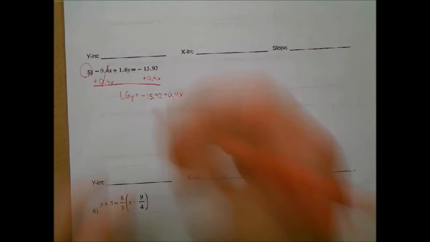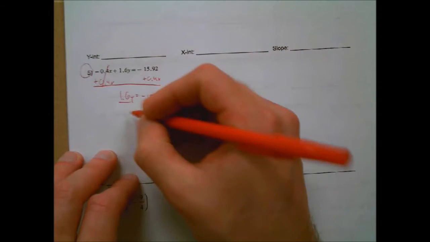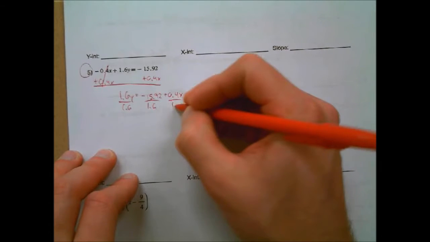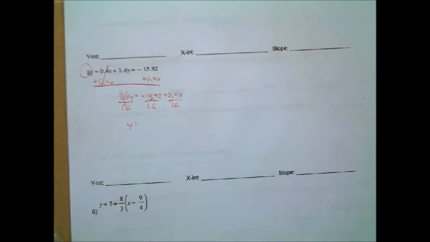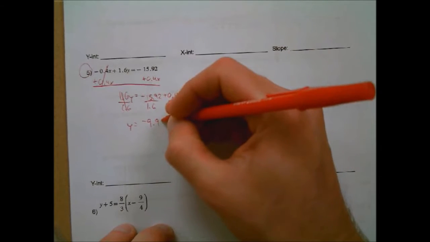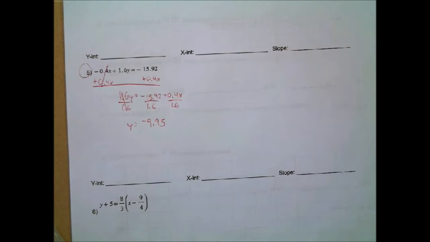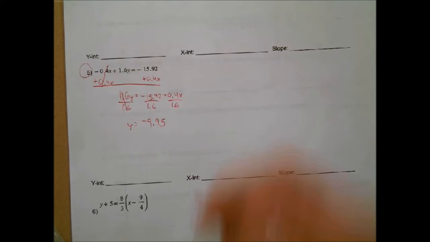Divide everything by 1.6. I'm going to make sure I do this right this time so we don't mess it up. So negative 15.92 divided by 1.6 is negative 9.95. And then 0.4 divided by 1.6 is 0.25.